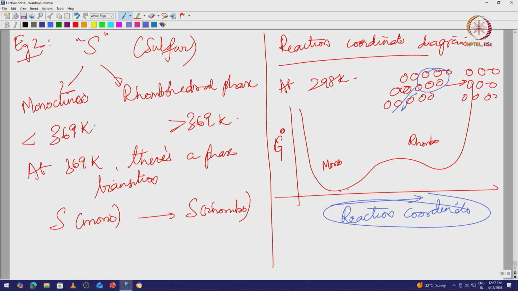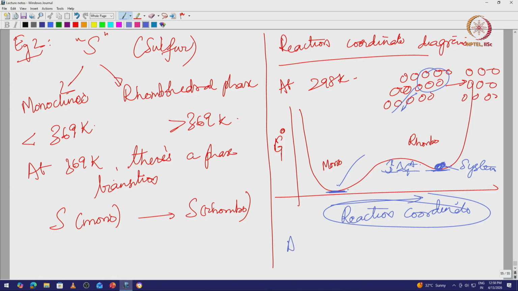Now, at 298 Kelvin we see that the Gibbs free energy of the monoclinic phase is less than the Gibbs free energy of the rhombohedral phase. That does not mean that if I put sulfur in the rhombohedral phase, which is the state the system occupies, it will automatically move. I should still give it some energy, called the activation energy, for the system to jump from the monoclinic phase to the rhombohedral phase.